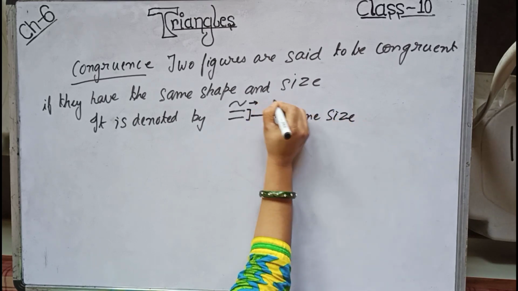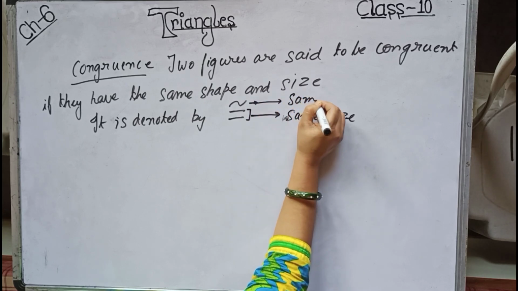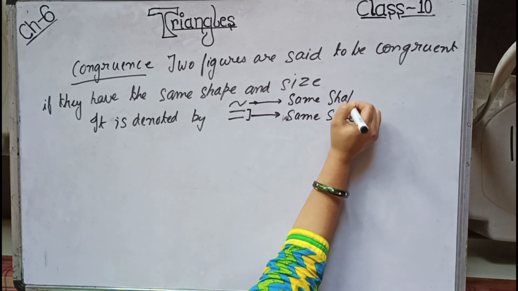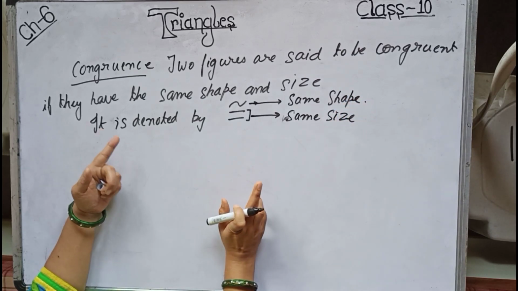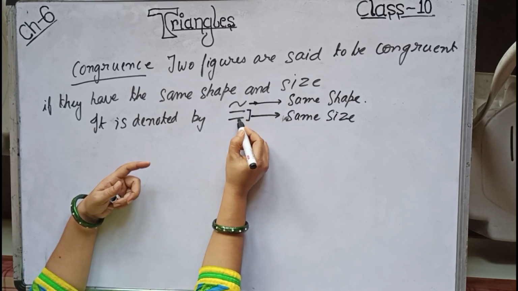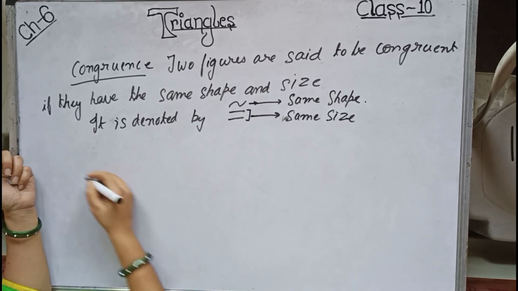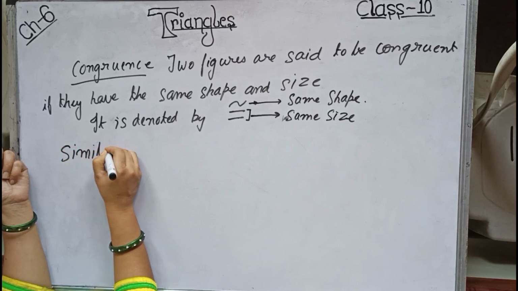And this symbol stands for same shape. So we conclude that two figures are said to be congruent if they have the same shape and size.